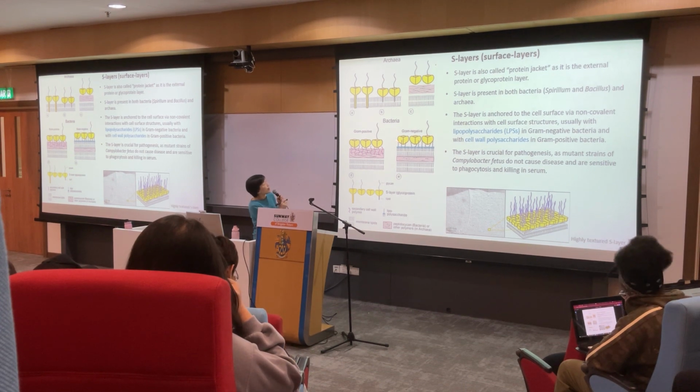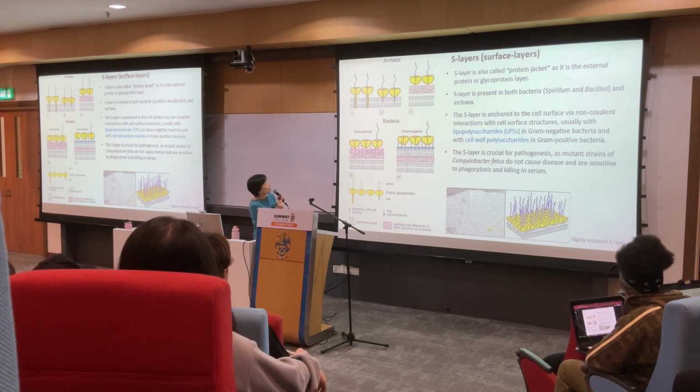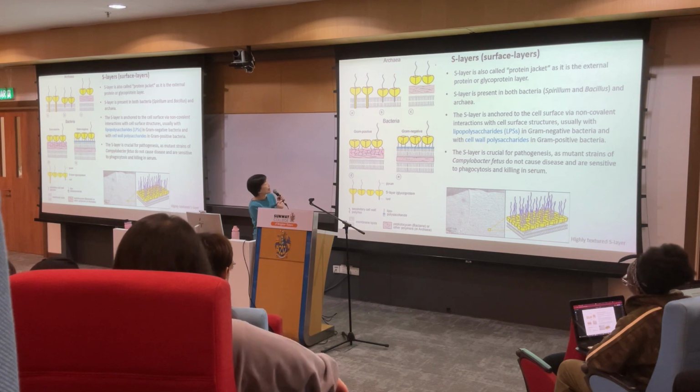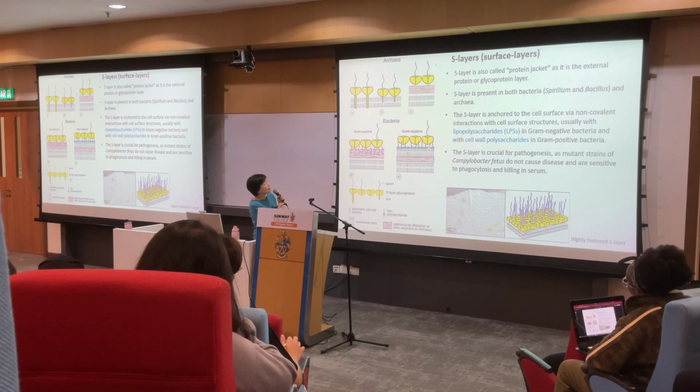All right? As you can see in the bacteria, gram-negative and gram-positive, you know they are very different in their surface. For gram-positive, here is the peptidoglycan. But for gram-negative, this is the outer membrane with the LPS.